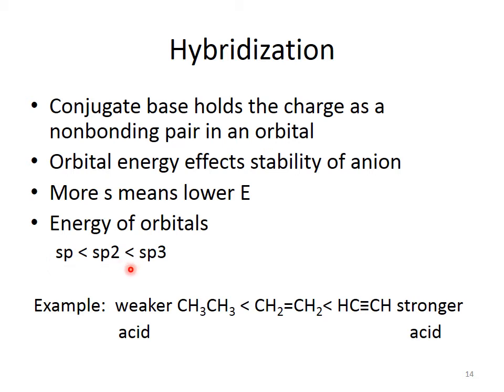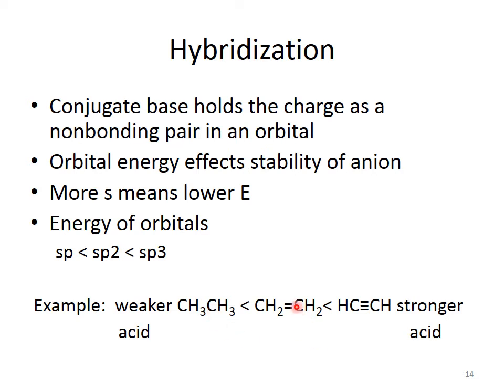So when we look at these molecules down here, they have different hybridization: sp3, sp2, and sp. When this atom loses a proton here, the negative charge is going to be in an sp3 orbital.